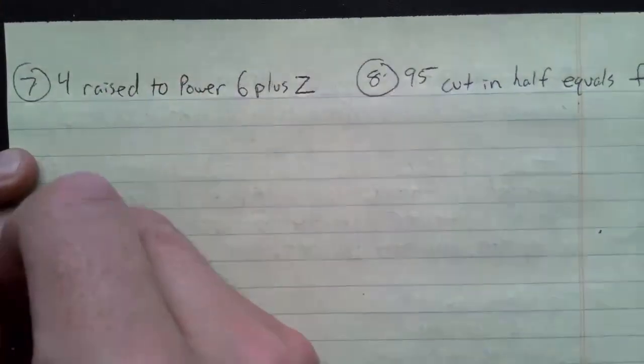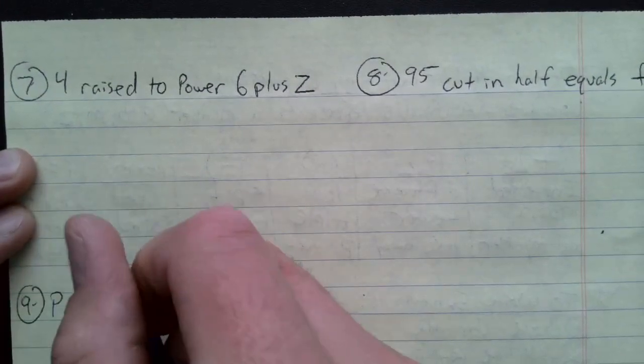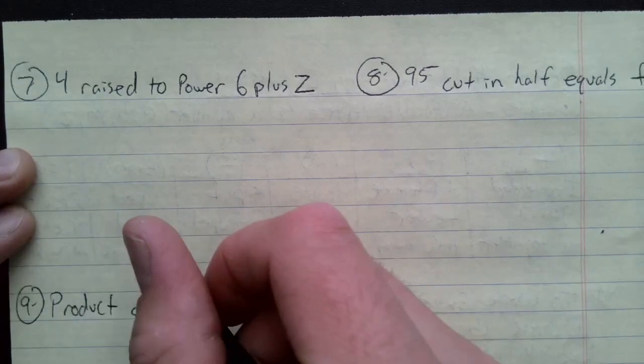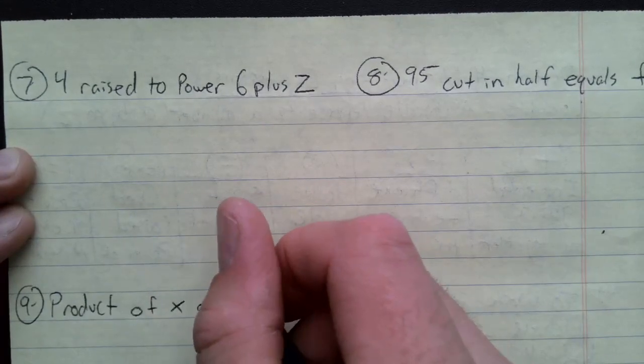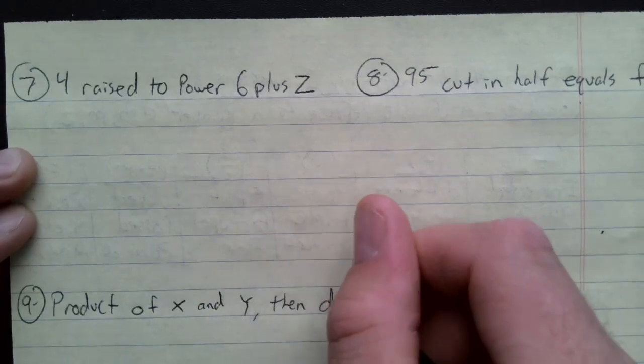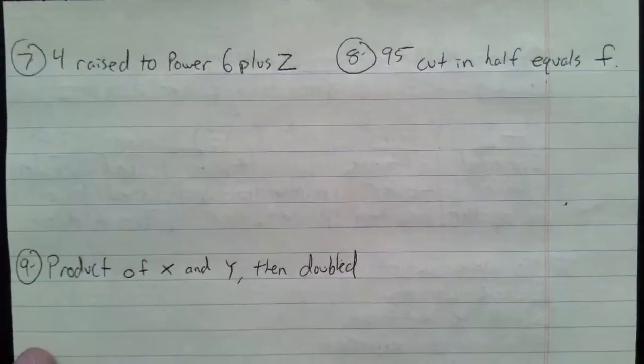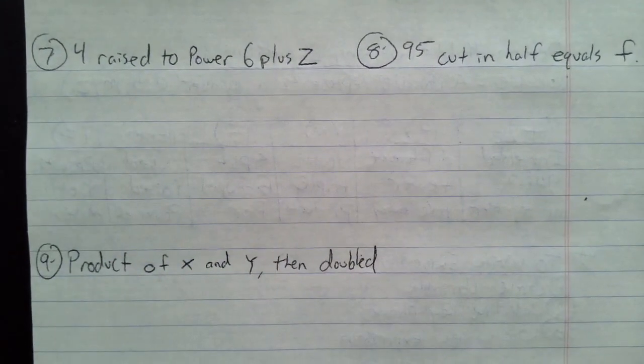And skip a couple lines for number 9. Number 9 is the product of x and y, then doubled. All right, go and try numbers 7, 8, and 9 on your own.